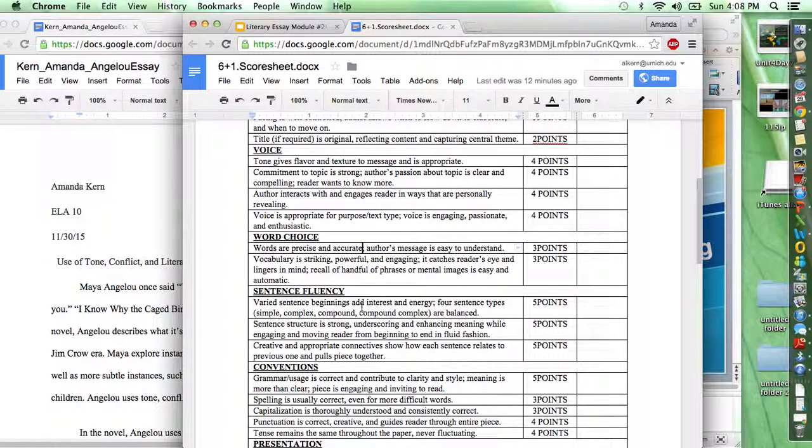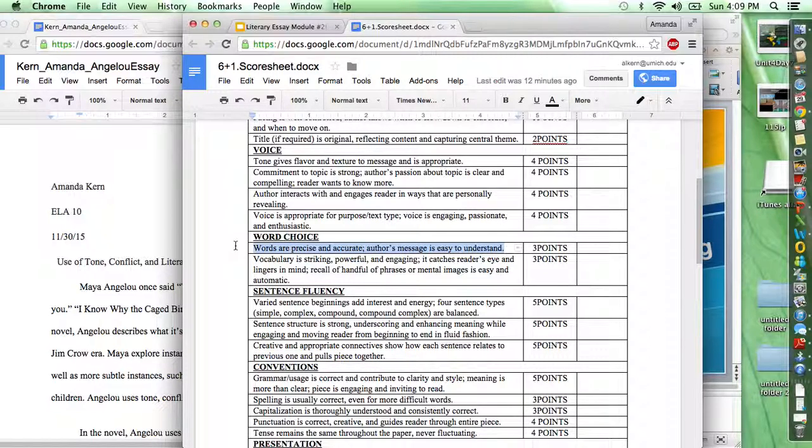The next category is word choice. So if someone means to say upset, but they actually say sad, or if a person means to say Maya Angelou is a precise writer, but what they really say is she's a good writer, then that means that the word choices are not exactly precise.